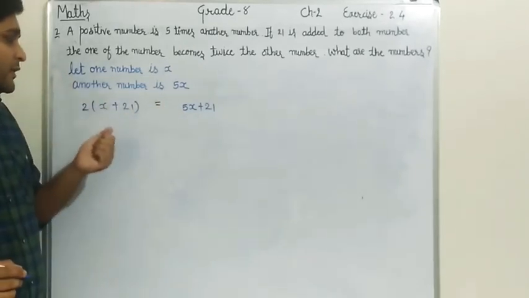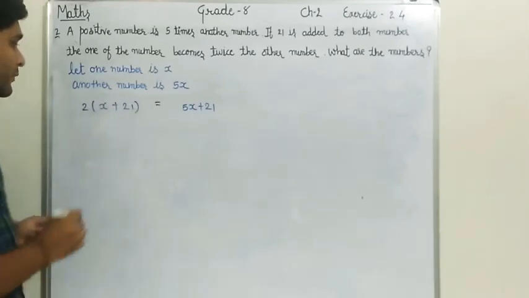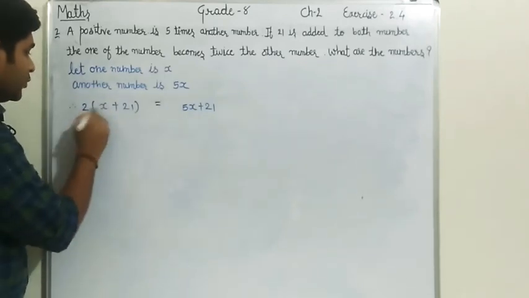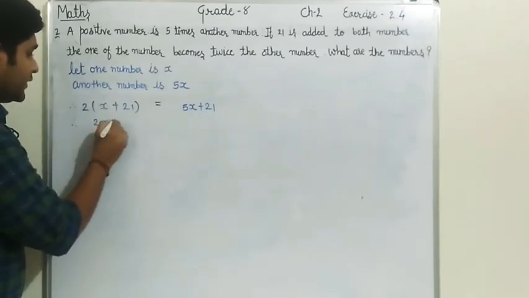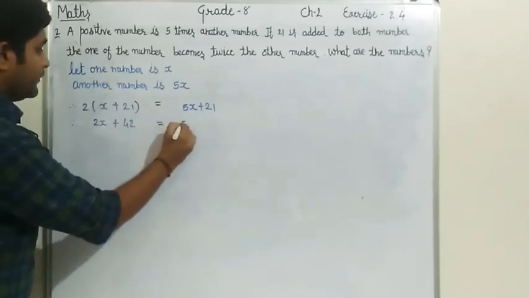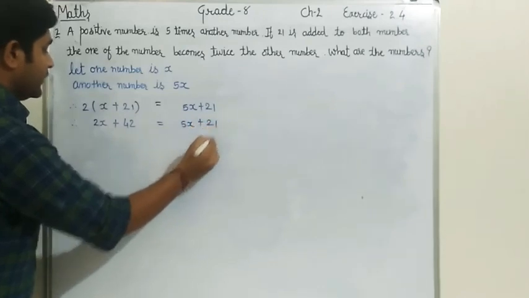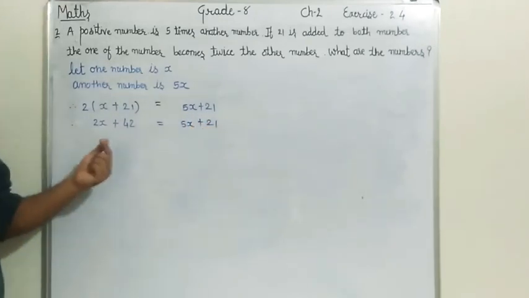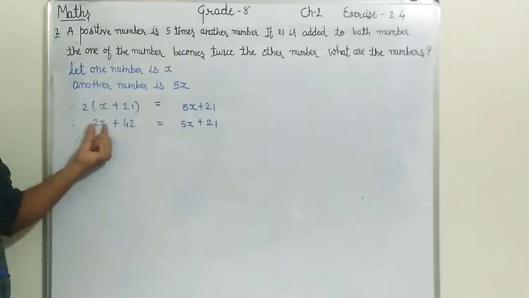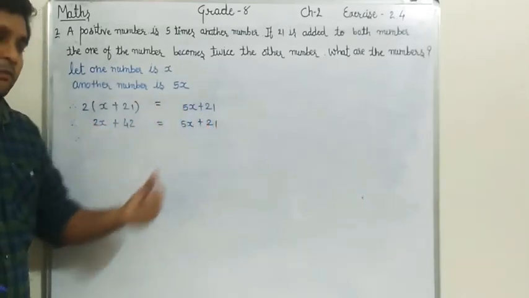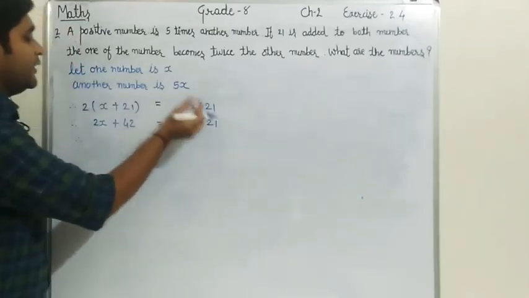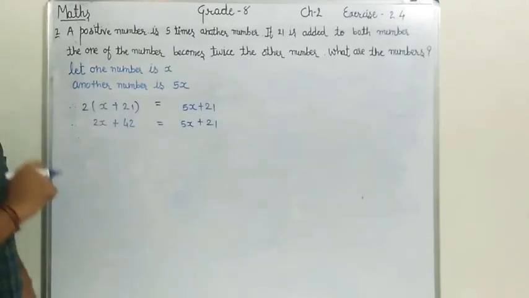Now let me solve the equation and find the x from it. First of all, this 2 is multiplied with all this. 2 multiplied by x is 2x, plus 21 times 2 is 42, is equal to 5x plus 21. Now this 2x is going to the right hand side, so it becomes minus 2x, and together this 21 is going to the left hand side, so it becomes minus 21.